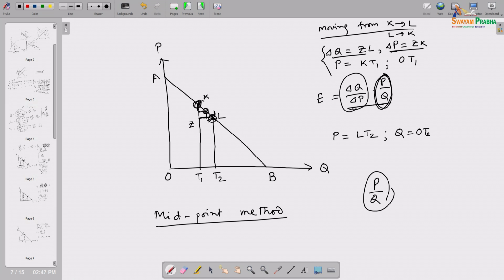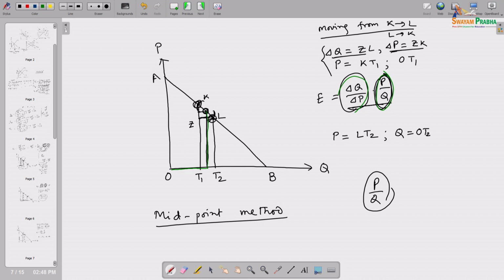So, whatever P by Q value you take at this point, or alternatively, this distance in green you take as the price and this distance you take as the quantity, to get this P by Q component.